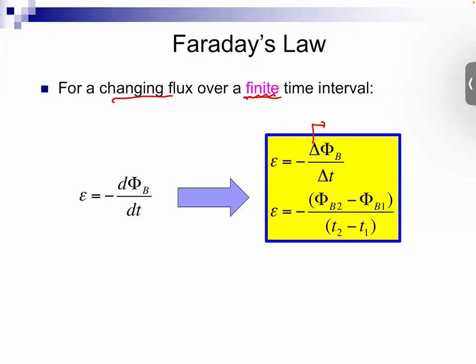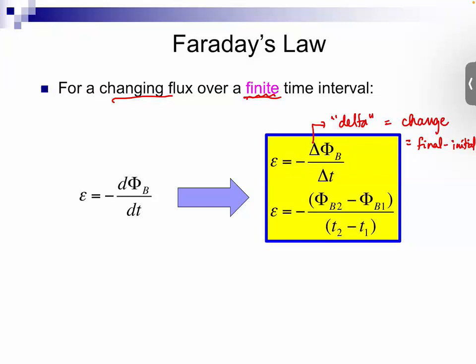So delta is the change in flux over change in time. When we say change, this is some final value minus initial value.